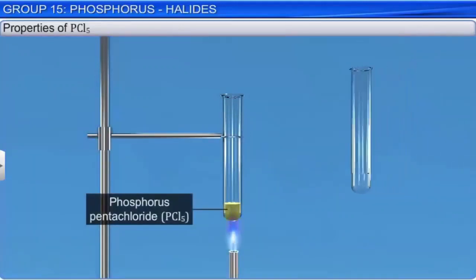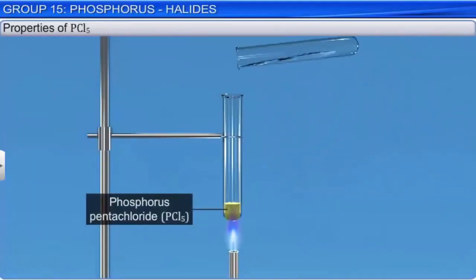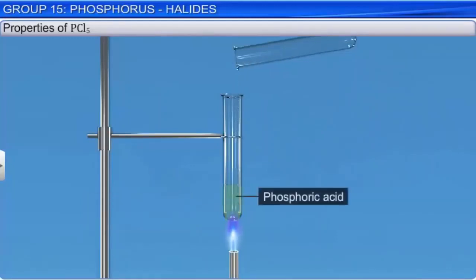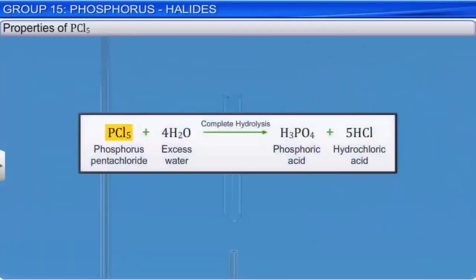Phosphorus pentachloride reacts violently with excess of water to form phosphoric acid. In other words, phosphorus pentachloride, on complete hydrolysis, gives phosphoric acid.